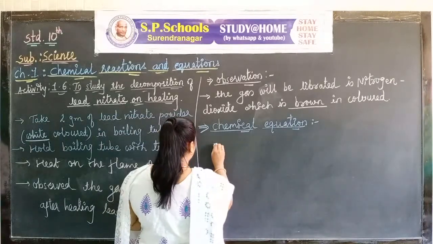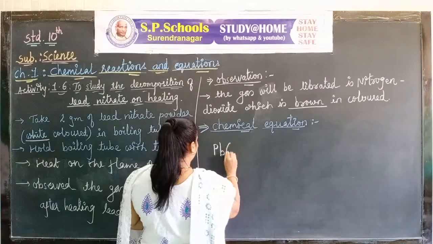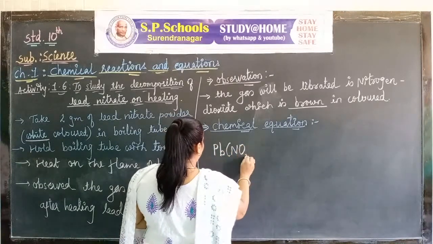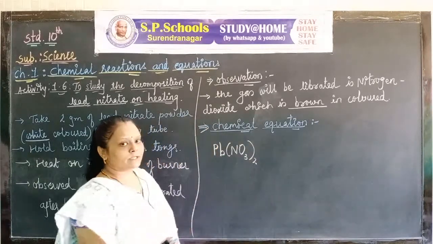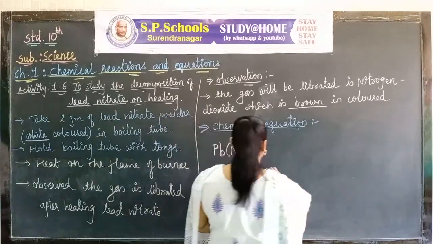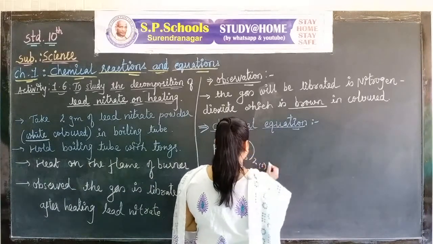Lead nitrate means Pb(NO3)2, which is in powder form, so we write solid.